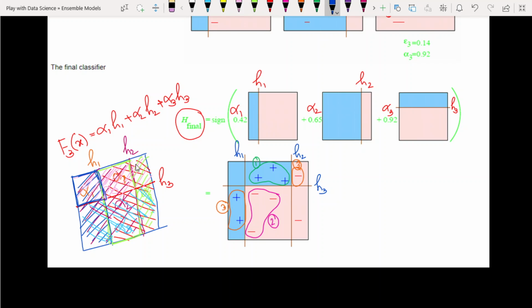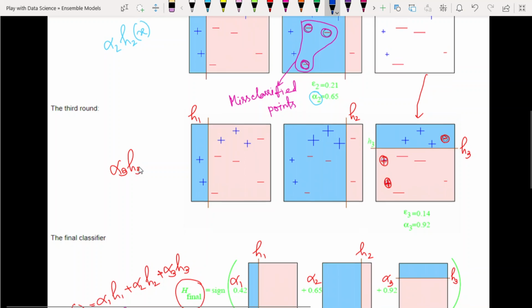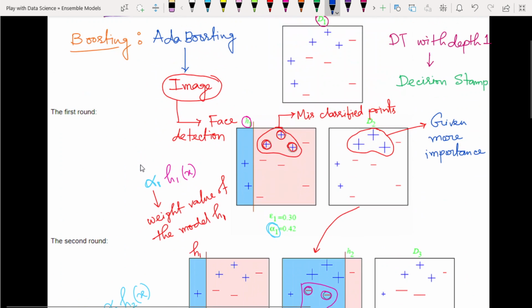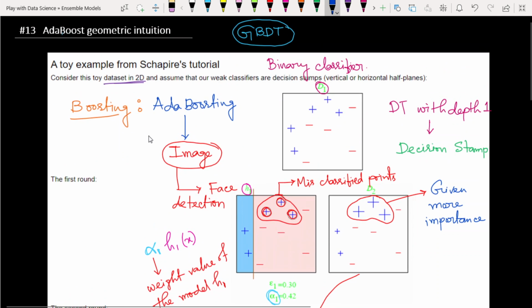I suggest you please take an example and play with these AdaBoost models. Theoretically, if you do the calculation manually, then things are easily understandable. Just take any binary classifier example and apply this AdaBoost technique on that.